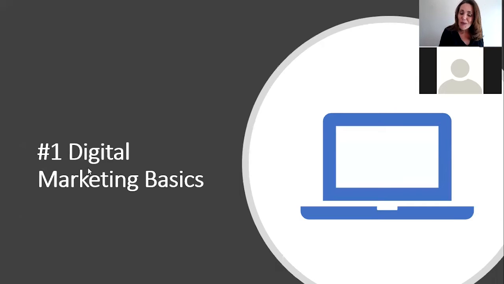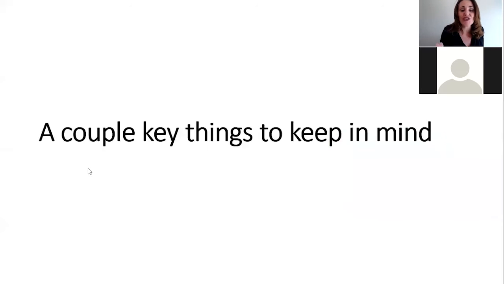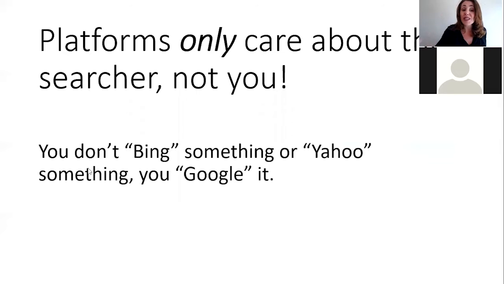Now, digital marketing basics. There are a couple key things you need to keep in mind. The first is the platforms only care about the searcher, not you as a business and business owner or marketer. The reality is we don't Bing something or Yahoo something, we Google it.